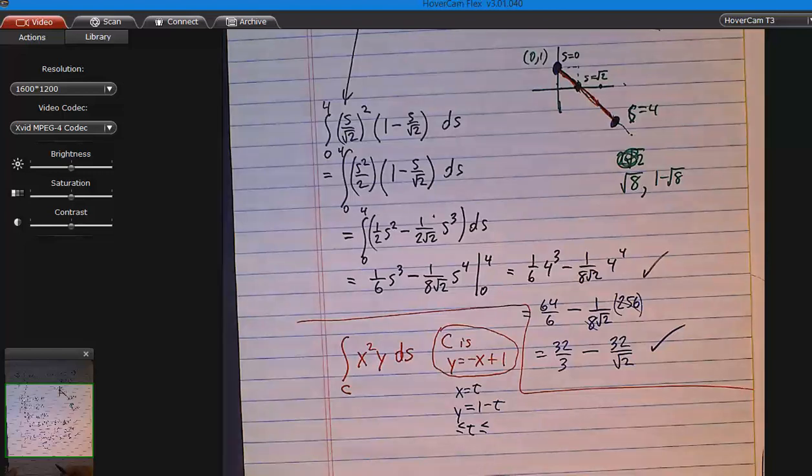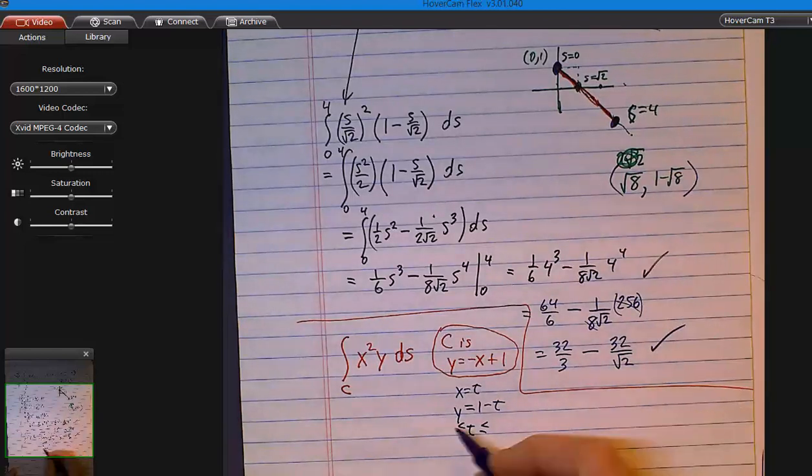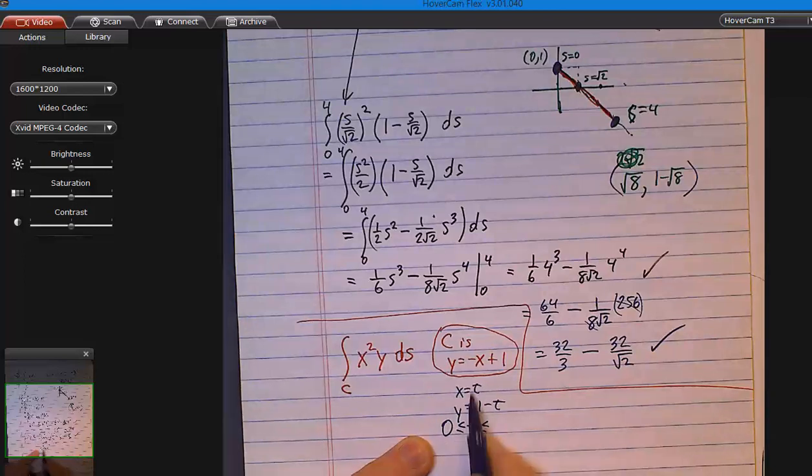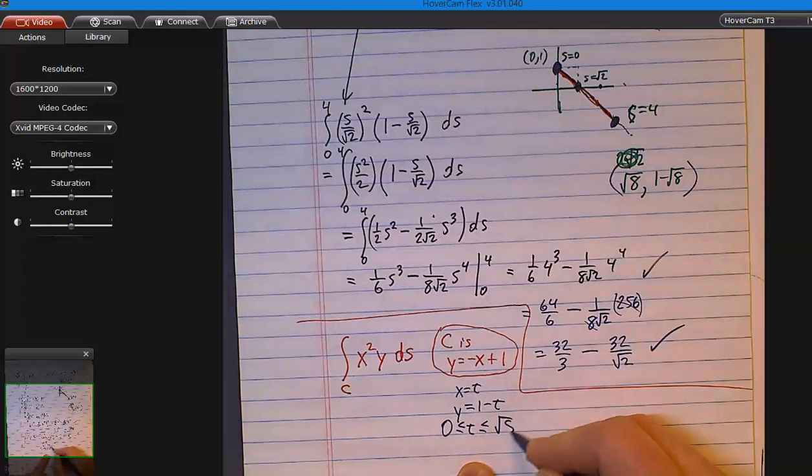Well, since t is the same as x, it's easy. You just look at the x coordinate, so 0. If I plug a 0 in, let's double check. Yes, I'm at the point 0, 1. And what's the maximum value of t we want? Square root of 8. And then the y value would be 1 minus square root of 8. You could see it, right?